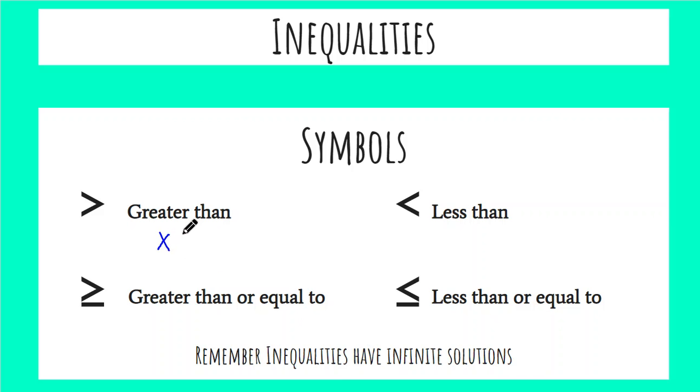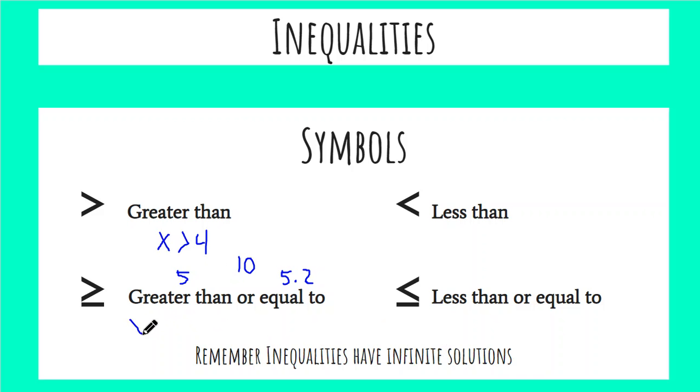So let's say I had x is greater than 4. That literally means my solution can be any number that's bigger than 4. It could be 5, it could be 10, it could be 5.2. Any number that's bigger than 4, x could be in this situation. So it has infinite solutions.